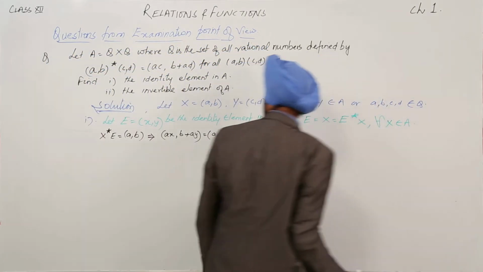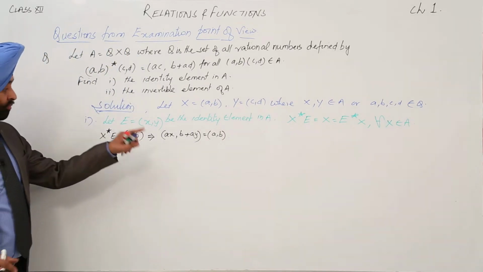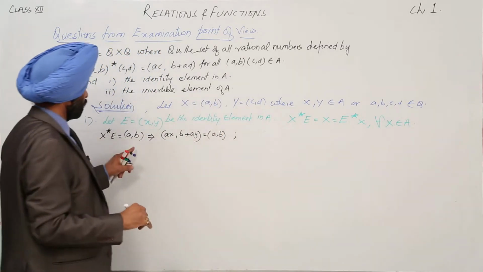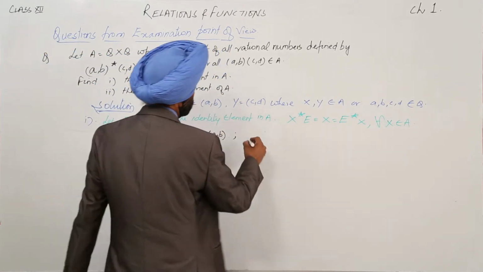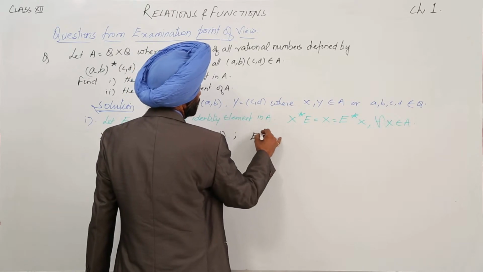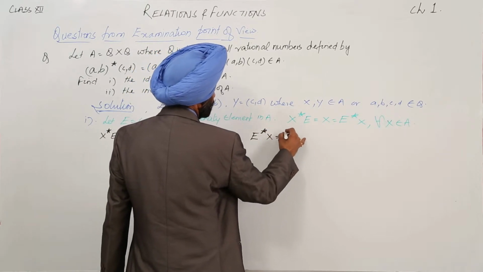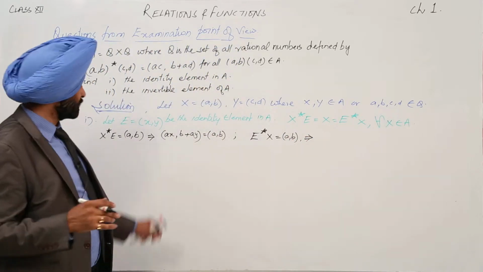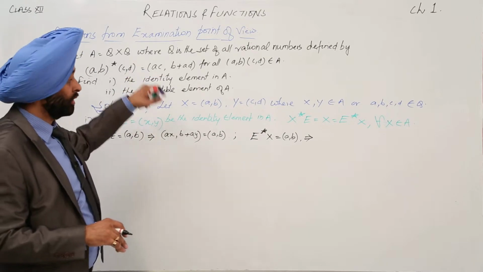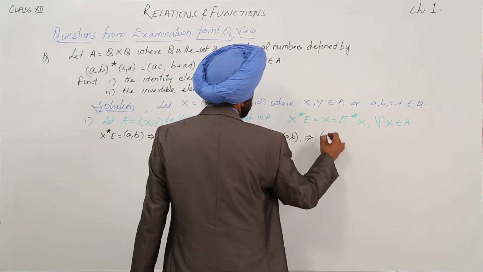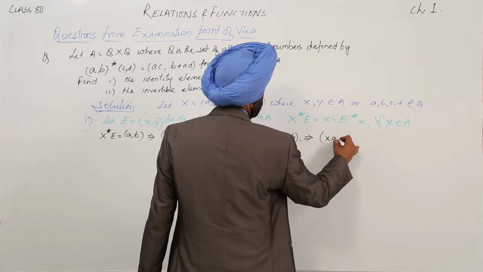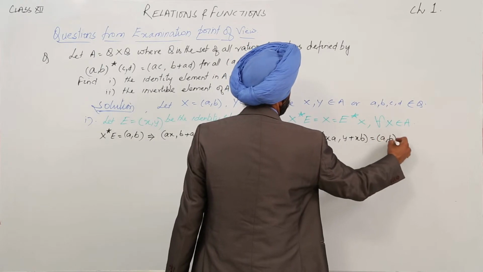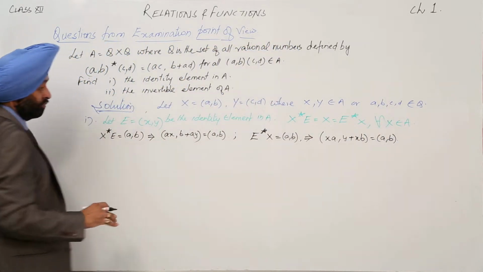Similarly, for E * X, using the same operation, we get (xa, y + xb) = (a, b). Okay, we got these two things.